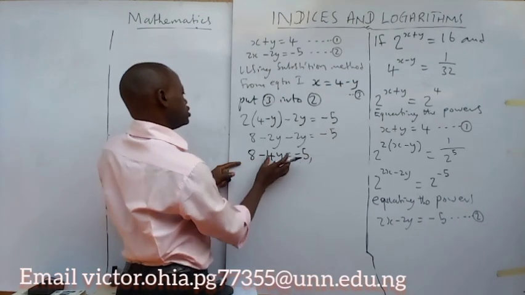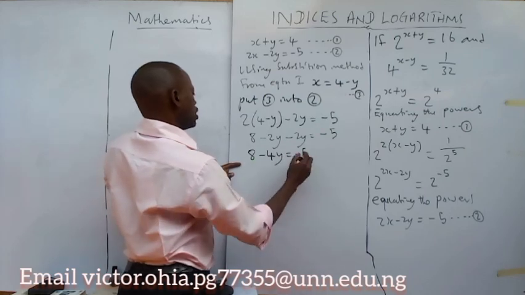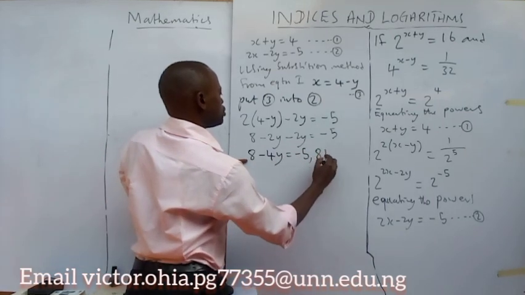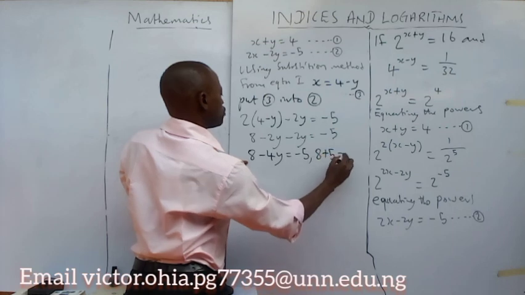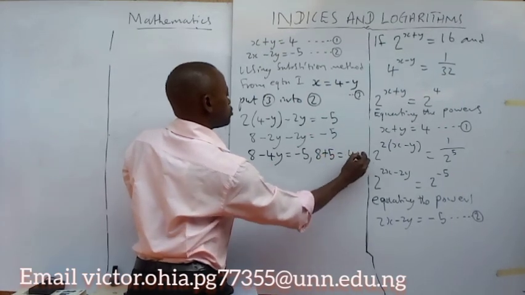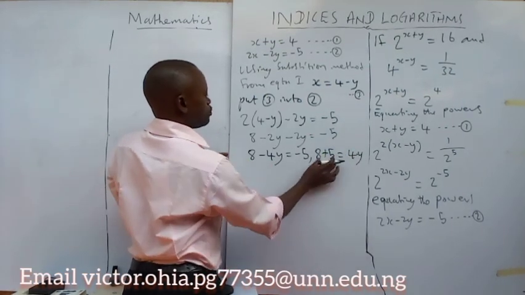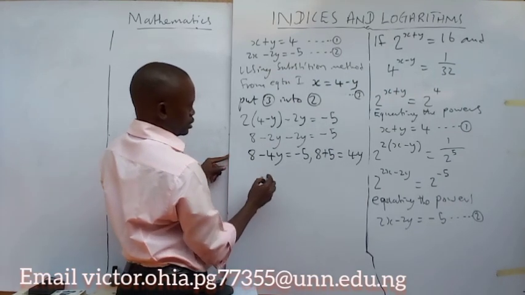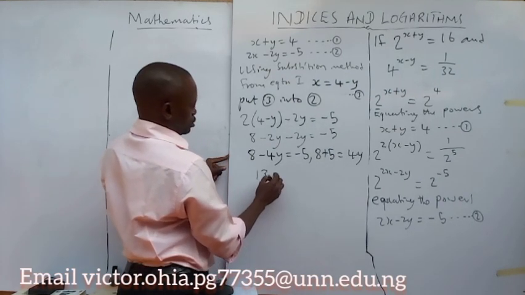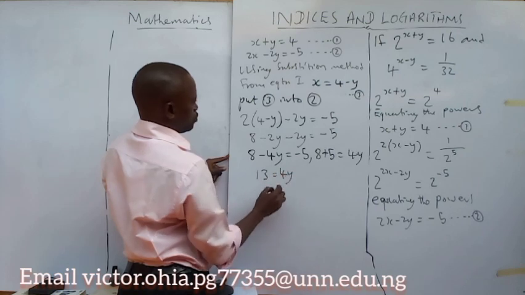You can see I can take this over here and take this over here, so I will have 8 plus 5 equals to, this over there will become 4y. Okay, 8 plus 5 will give us 13. So I have 13 equals to 4y.